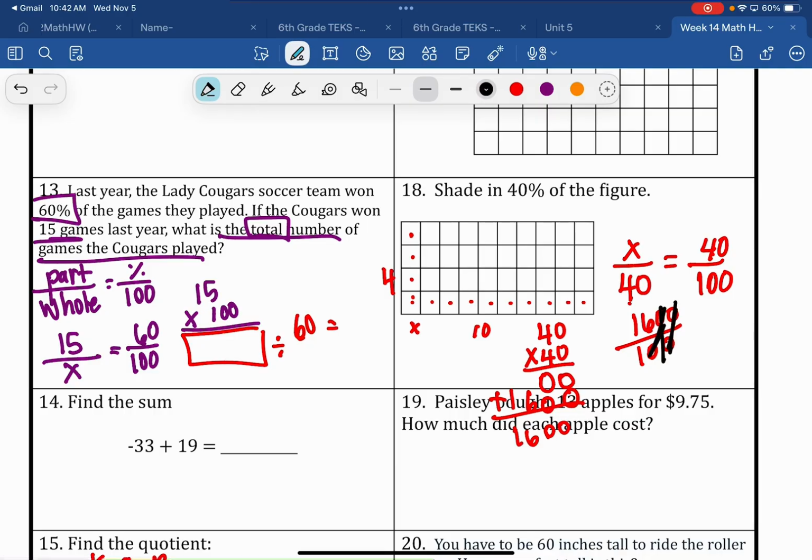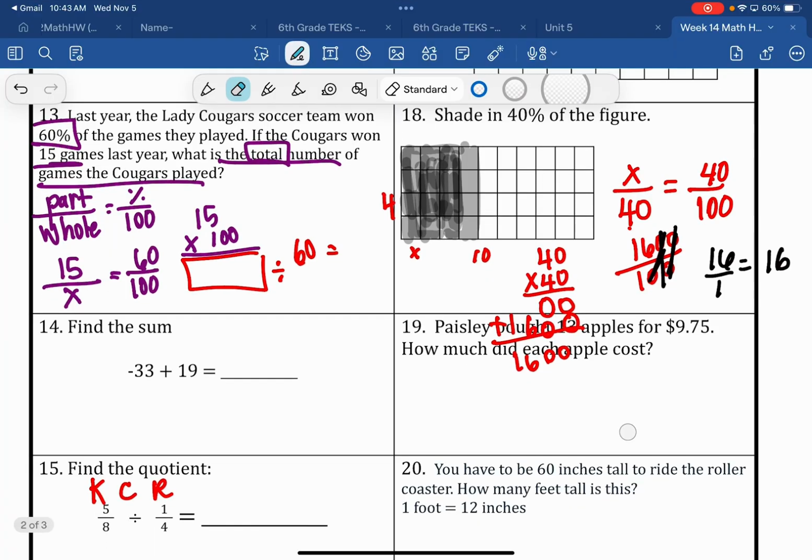And so what is left? 16 over 1, which would be 16. So that means I'm going to shade in 16 of the squares. So I'm going to do 1, 2, 3, 4. So I've got my 16 shaded in. We worked this one to completion. So that's 40% of the figure.